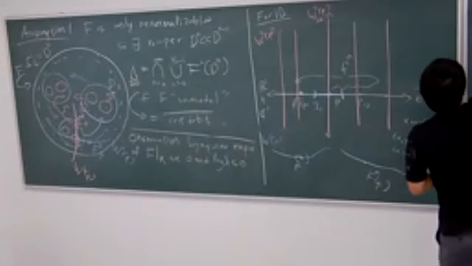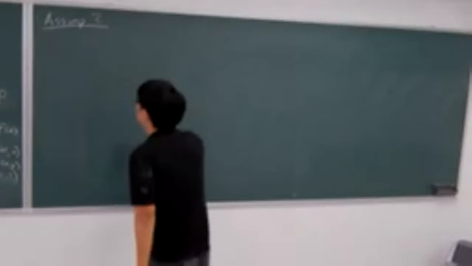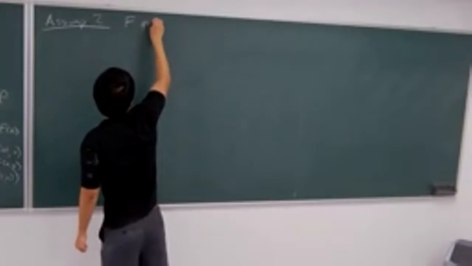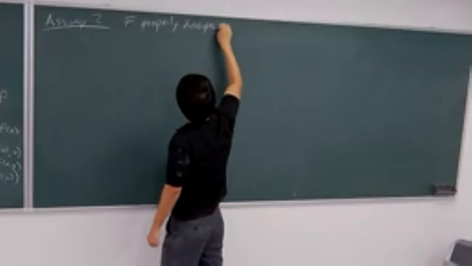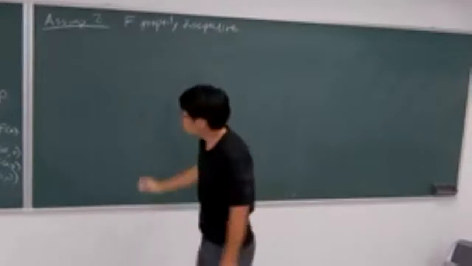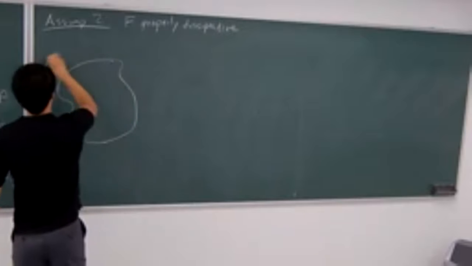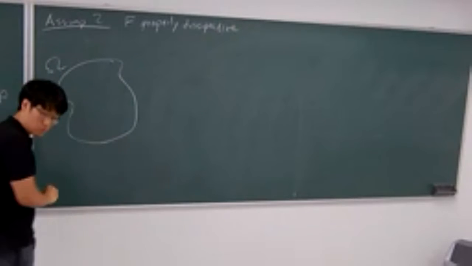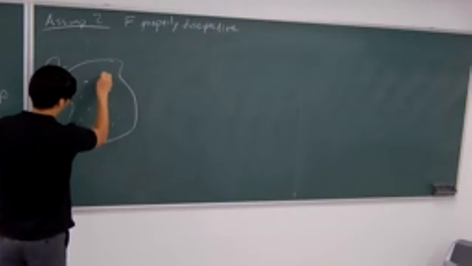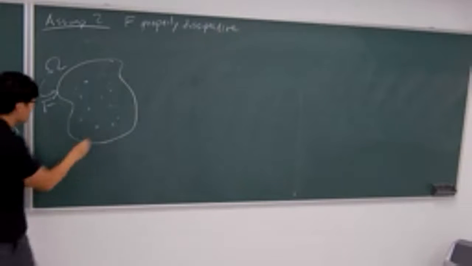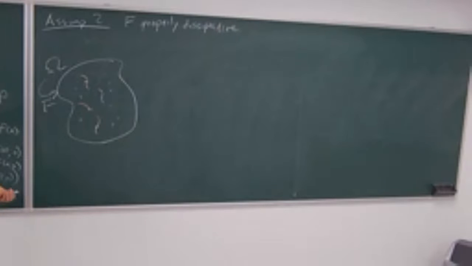Okay, assumption 2. Assumption 2 is that F is properly dissipative. So what does this mean? It means that you have F mapping omega into itself again, and we talk about how for a typical point you have the local stable manifolds going through it.